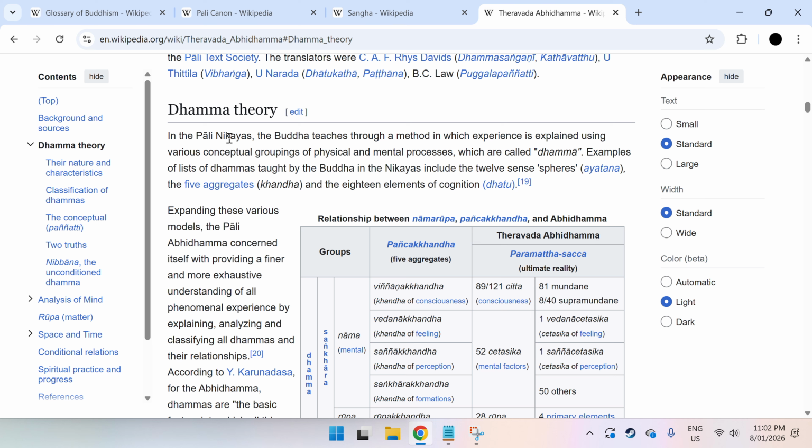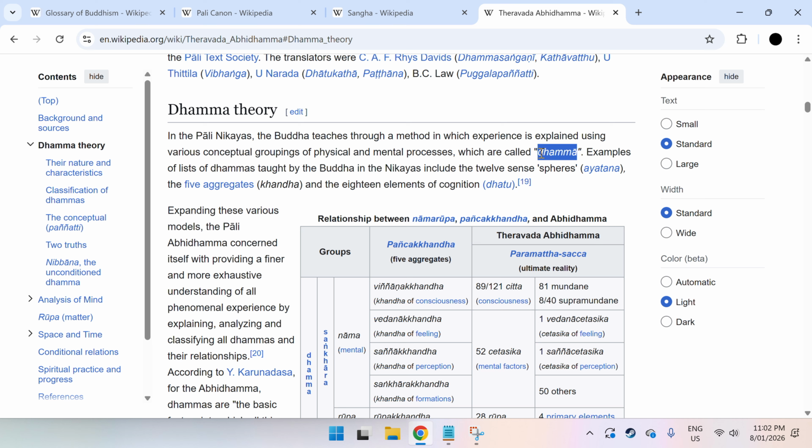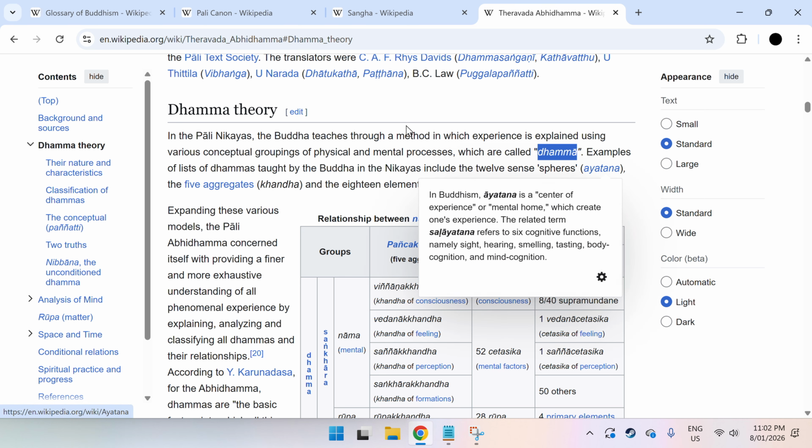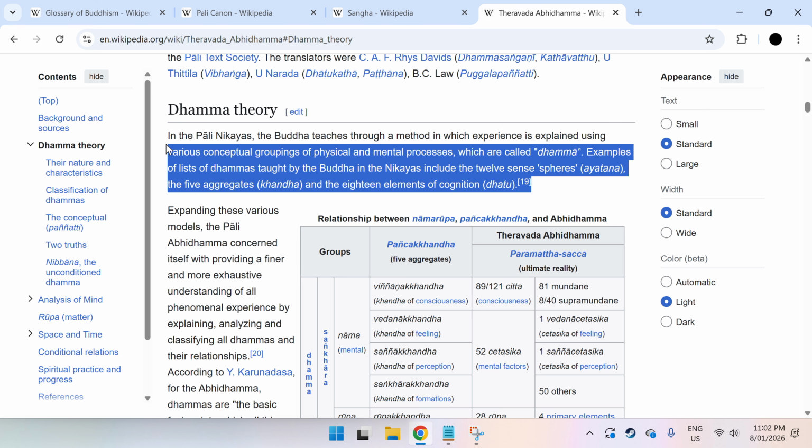In the Pali Nikayas, the Buddha teaches through a method in which experience is explained using various conceptual groupings of physical and mental processes, which are called Dhamma. Examples of lists of Dhamma taught by the Buddha in the Nikayas include the 12 sense spheres, Ayatana, the 5 aggregates, Khandha, and the 18 elements of cognition, Dhatu.